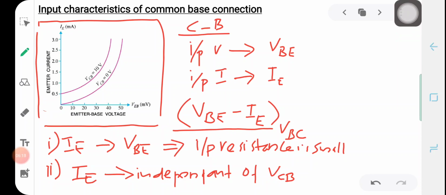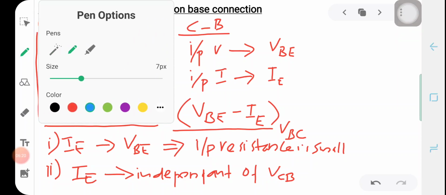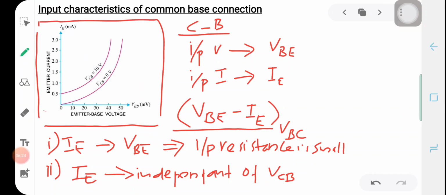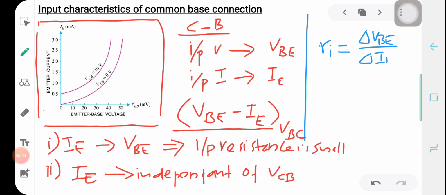So these are the two important things we can get from here. And one more thing is the expression for the input resistance. We denote the input resistance by Ri, which is equal to the ratio of the change in input voltage, that is VBE, divided by delta IE, the change in input current.